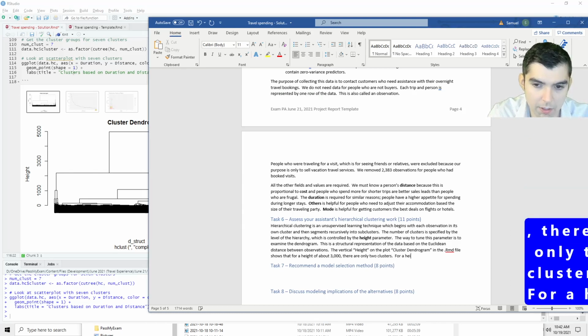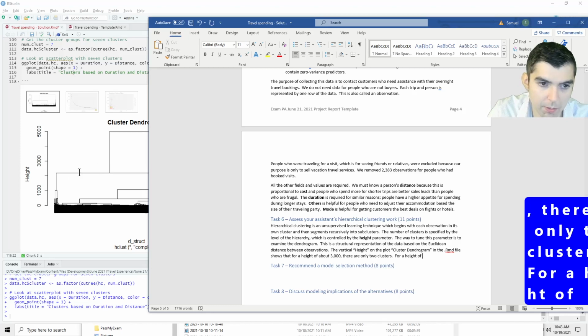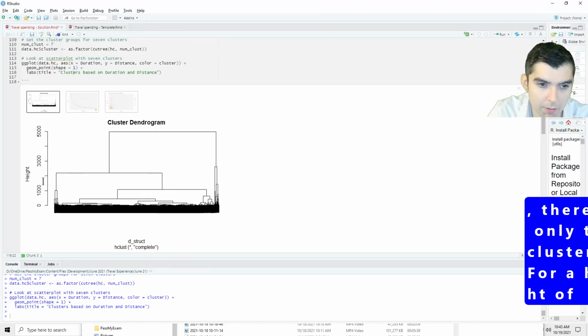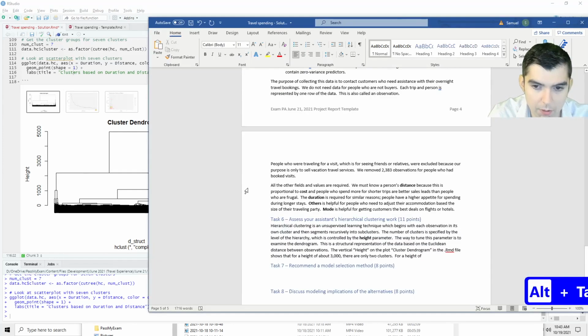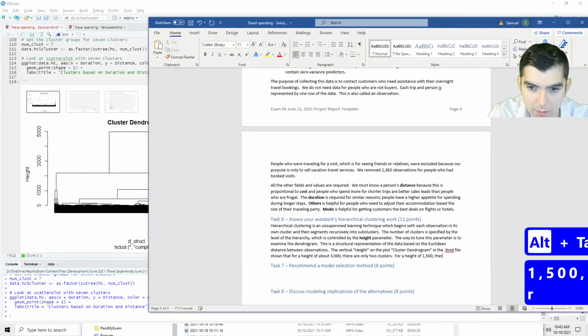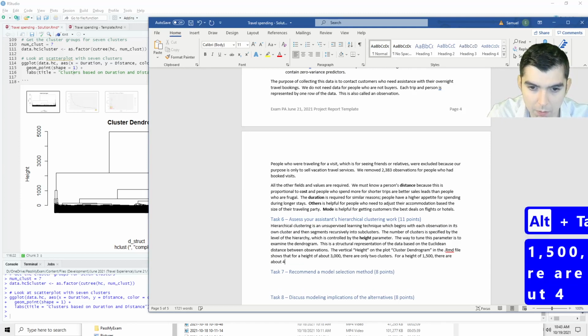For a height of 1,500, there are 1, 2, 3, 4. 4.